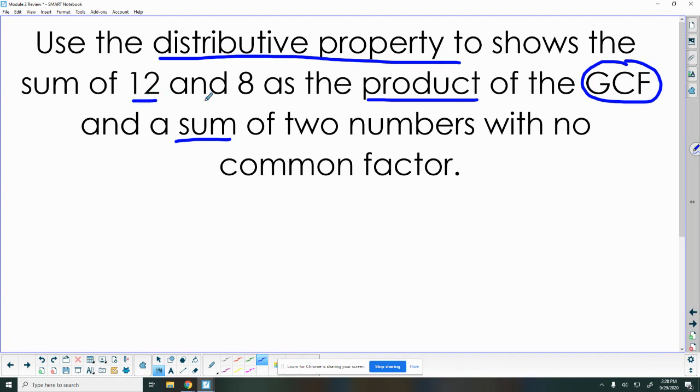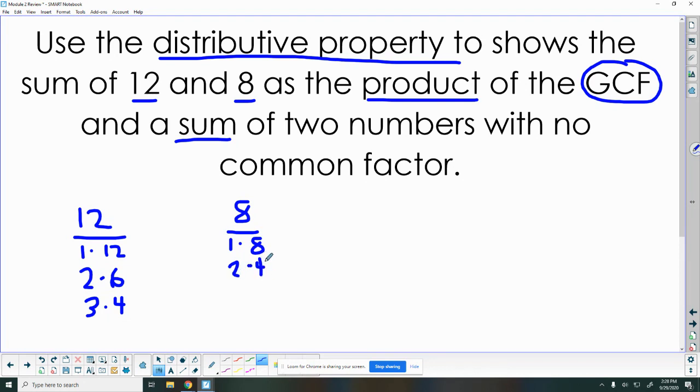First we're going to find the greatest common factor of 12 and 8. 12 is 1 times 12, 2 times 6, 3 times 4. To make 8, we have 1 times 8, 2 times 4, 3 can't go in there, and we already have 4. So the largest factor they have in common is 4.